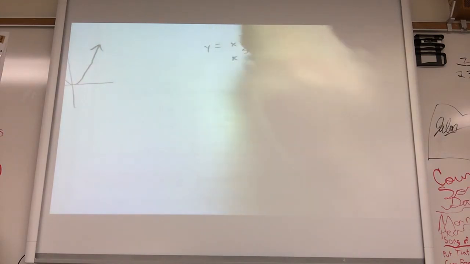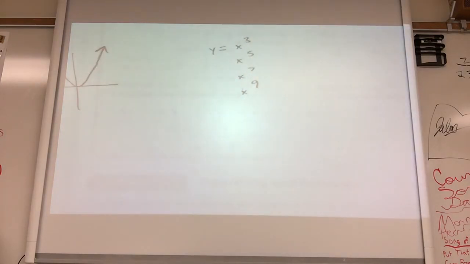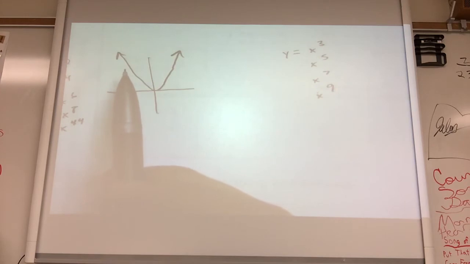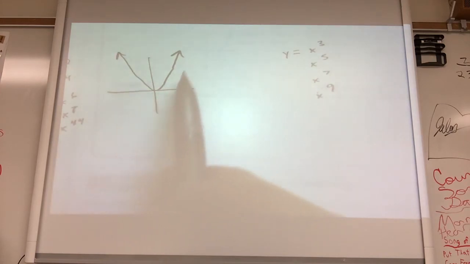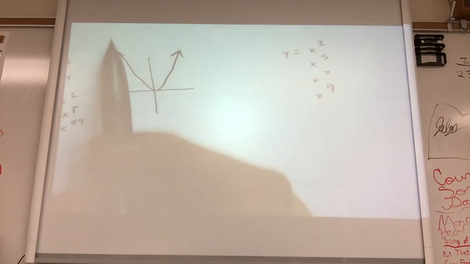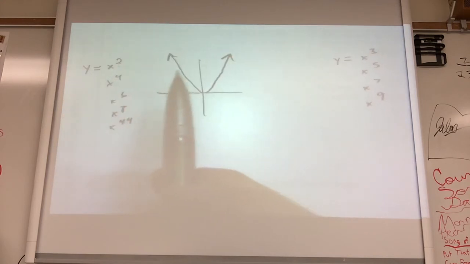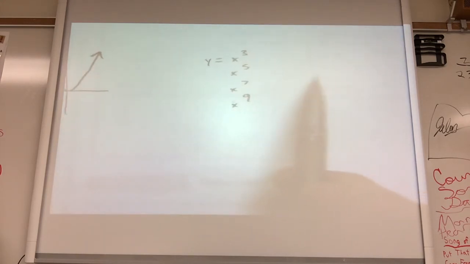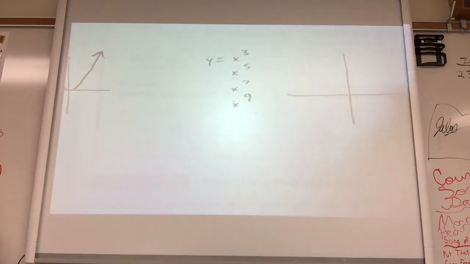Now, if it's a polynomial odd, like y equals x to the 3rd, maybe x to the 5th, x to the 7th, x to the 9th, something like that, then instead of ending in the same direction, both of these are pointing up, as you can see from the polynomial even, these are going to end in opposite directions. So if it's a polynomial odd, it looks like this.